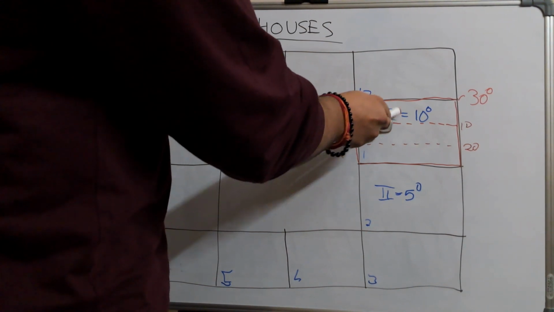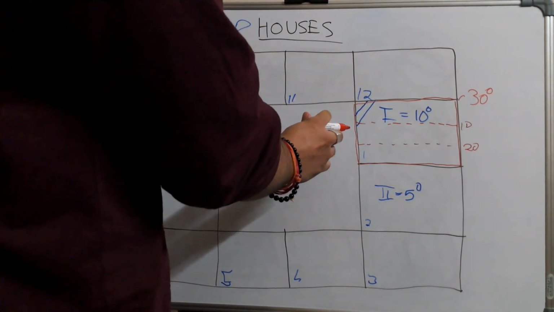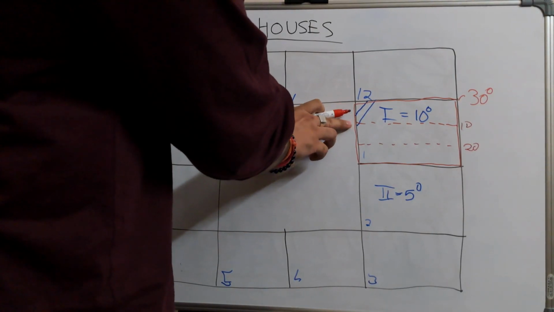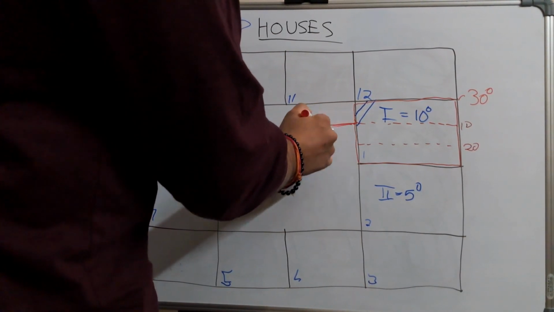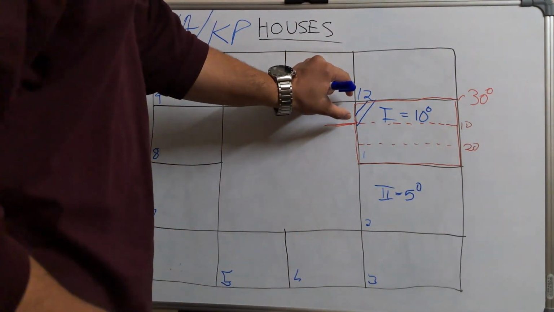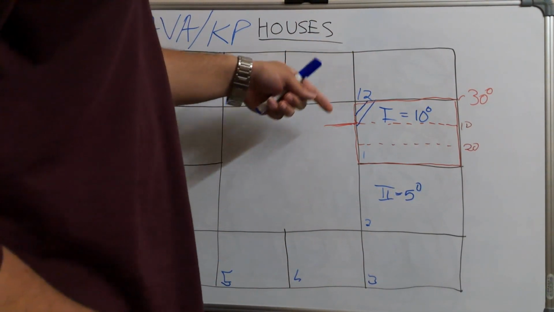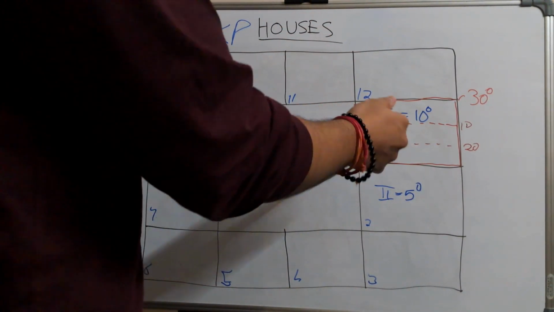So this first house is written in this box, but it is starting from here because 10 degree is this line, and this first 10 degrees don't belong to this house. Now I'll explain that in a few minutes.